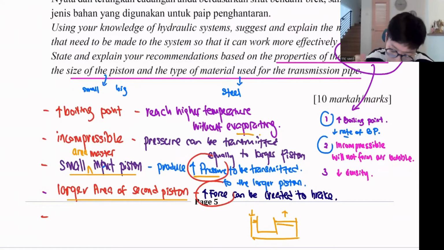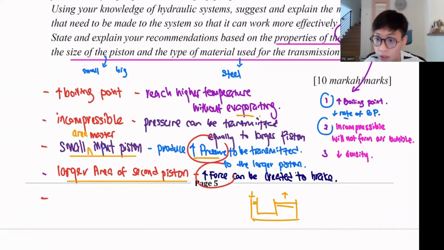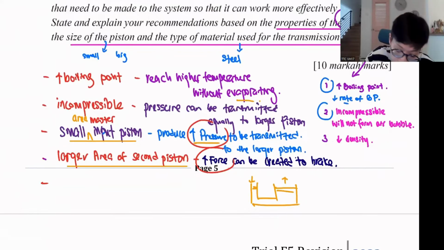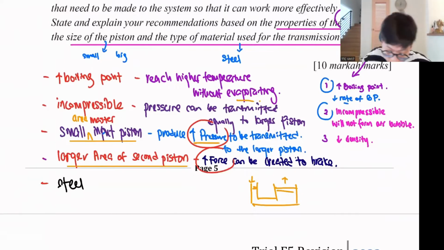And last but not least, material. Using oil, yes, correct. Then the last one is we will usually use steel, or alloy also can. Why?